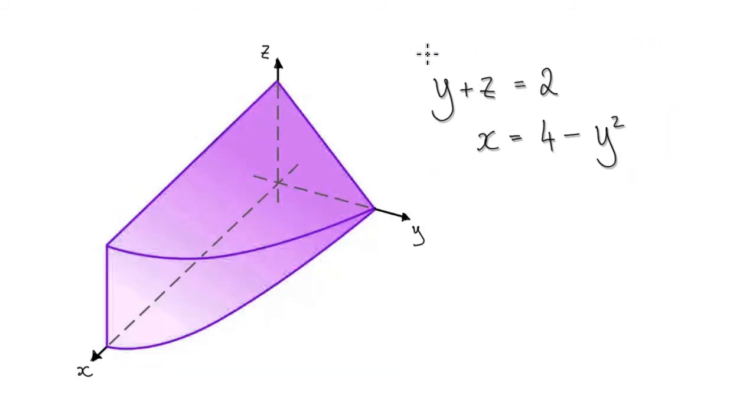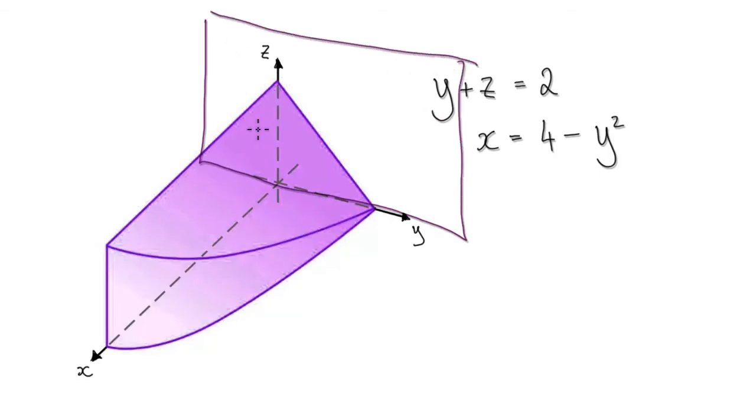We need to have an understanding of what our solid looks like. So looking at this, consider the ZY plane. Imagine you've got a vertical sheet of paper.